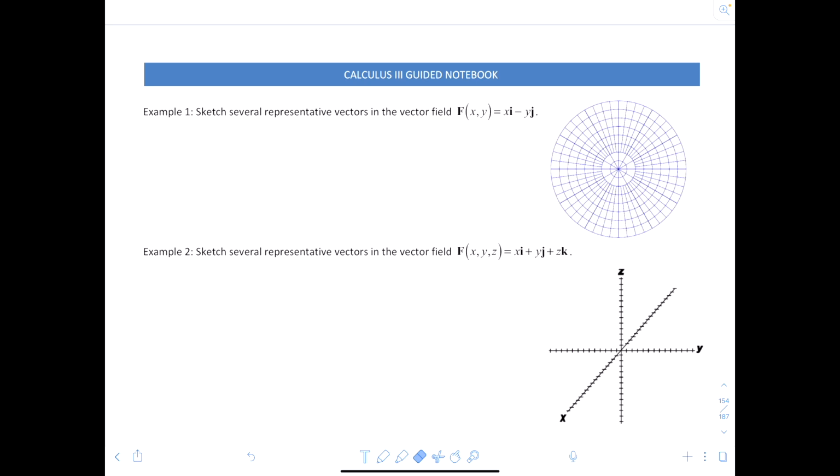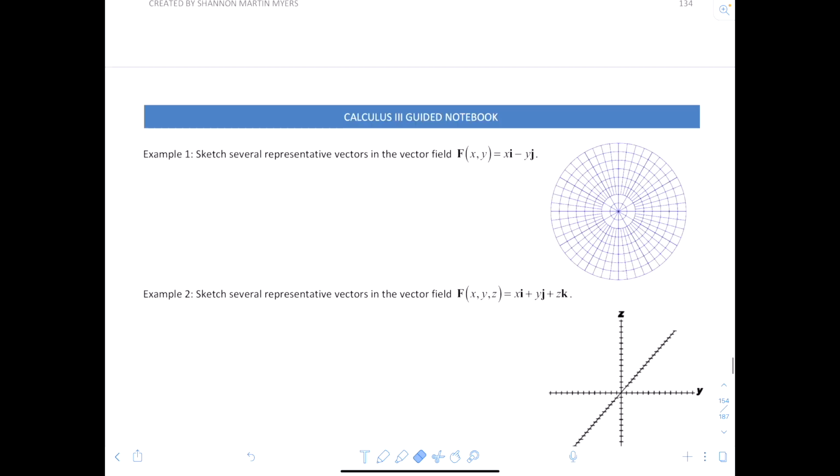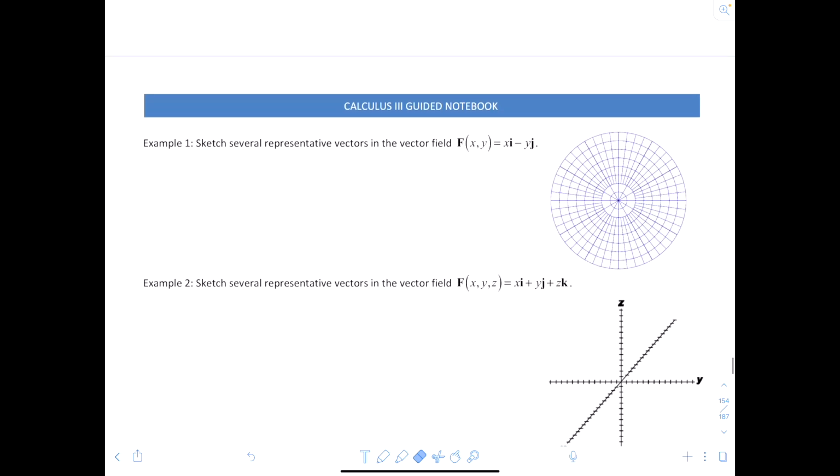All right, so looking at our next example, let's look at this one. Sketch several representative vectors in the vector field f at x and y is xi minus yj. So here, let's take a look at this.